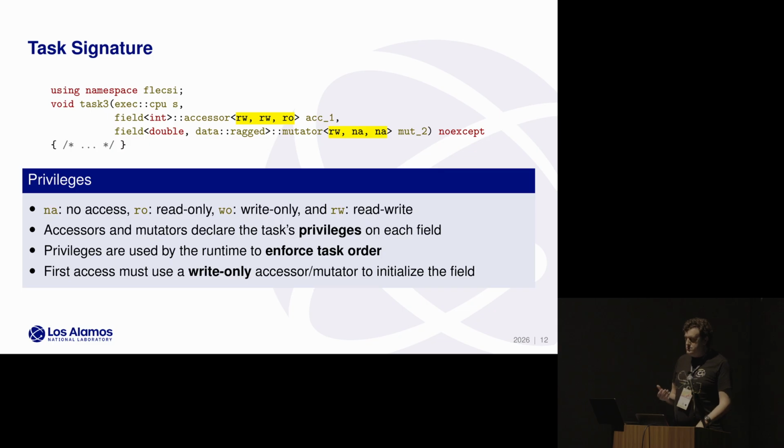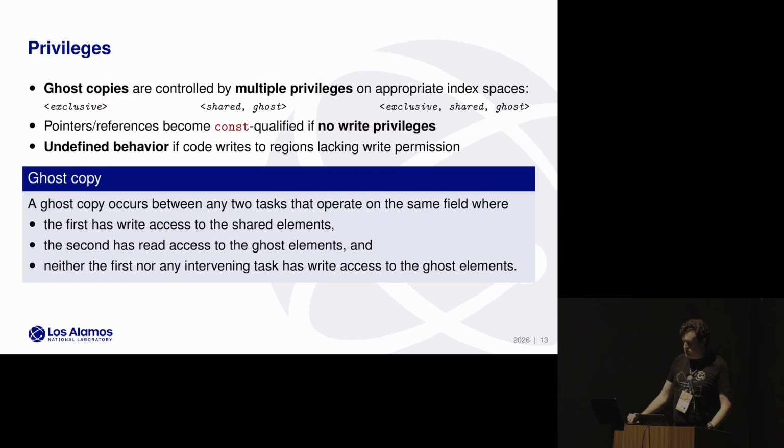They are also used to control when ghost copies take place. So the first thing to say here is that you have to use a write-only accessor or mutator to initialize a field because there is no meaningful data to read the first time. And the other thing to say about it is what it means when you have multiple privileges, as we saw there. And that controls ghost copies, and we want to say what the exact rules for that are.